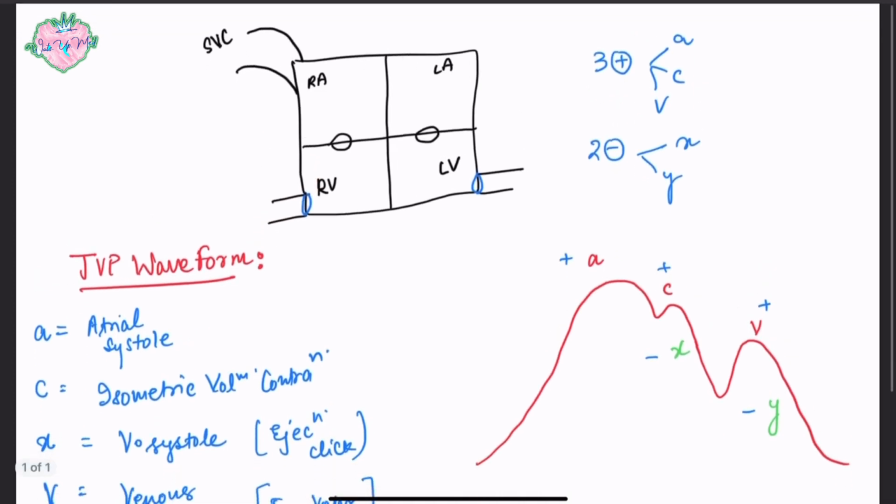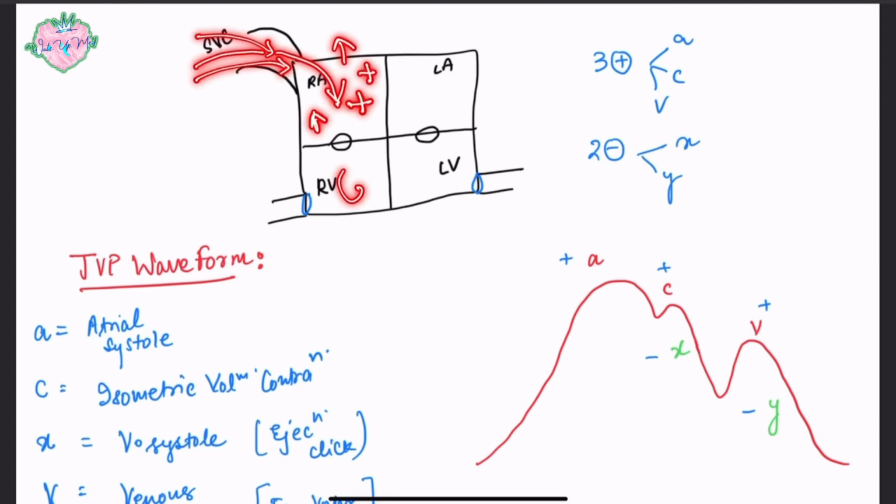There will be passive filling, or venous filling, of the right atrium, which happens through the superior vena cava. Blood goes directly into the right atrium, which is the venous filling, and it contributes to the increase in the pressure.